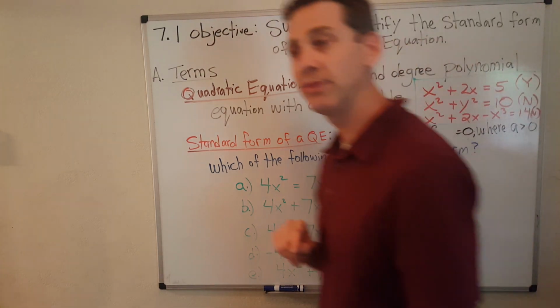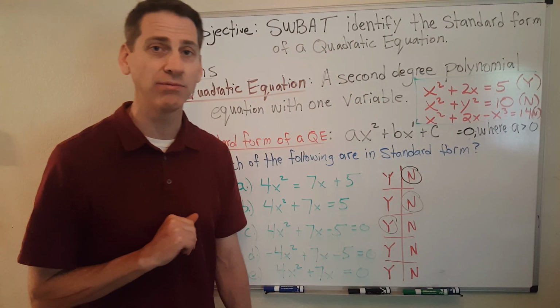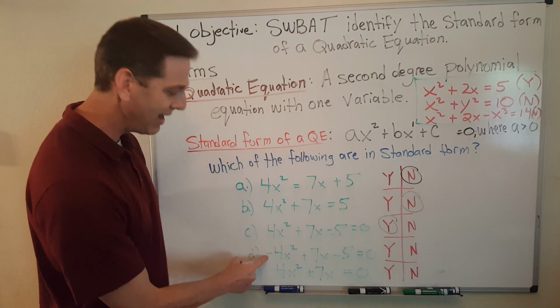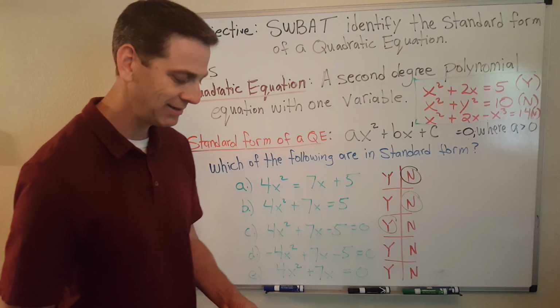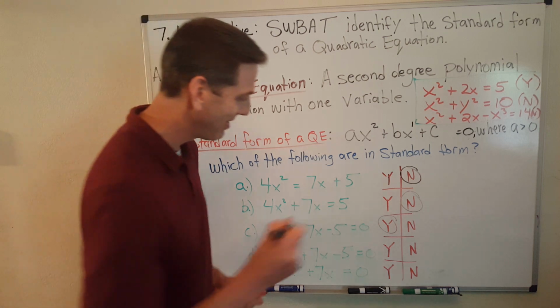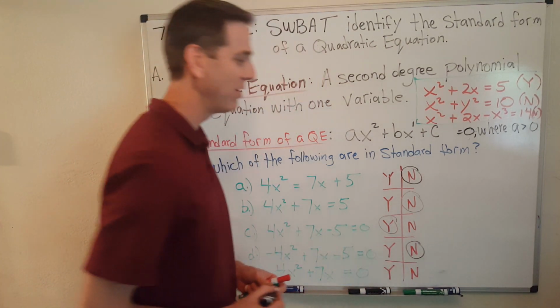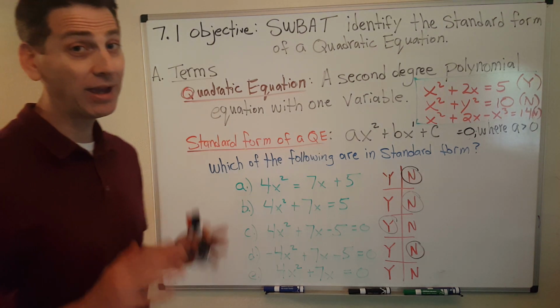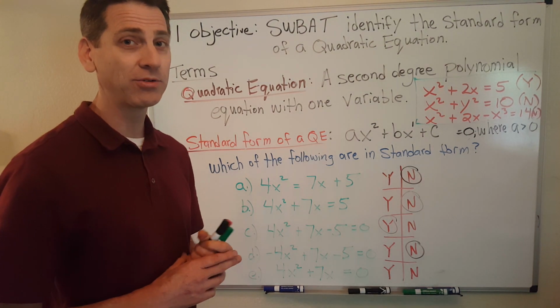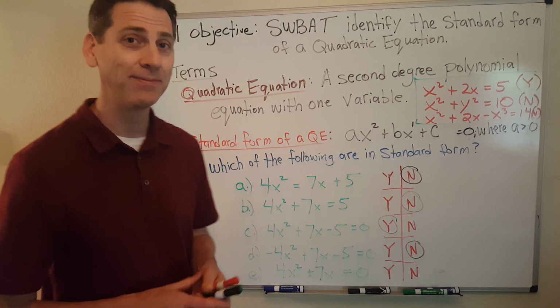That means it cannot be negative. And in this case, a is negative. So this is not in standard form. It's a no. Oh, man. So, boy, if you got that one correct, you really deserve to treat yourself because that's a tricky one.